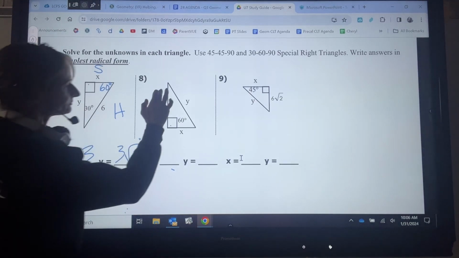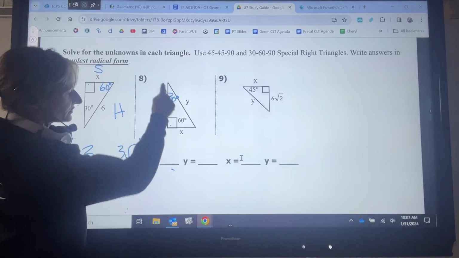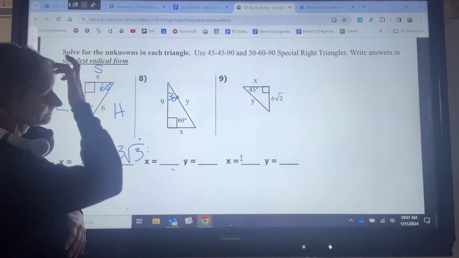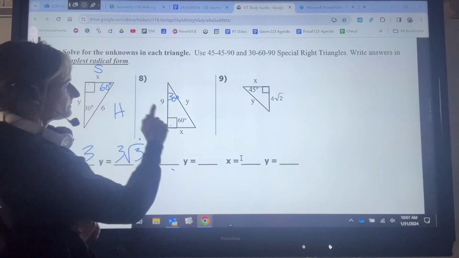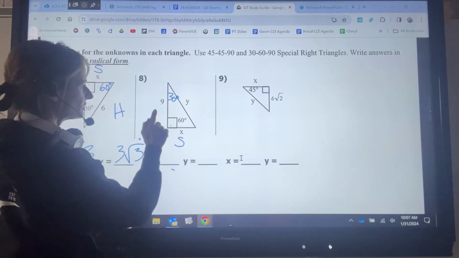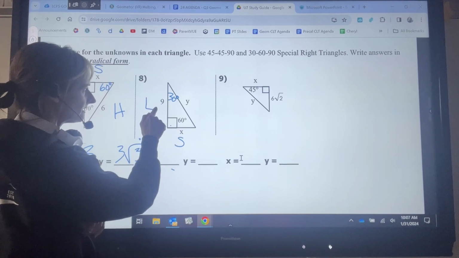Let's try it again. In number 8, we clearly also have a 30, 60, 90 triangle. Where's the short side? Because it's across from the 30, right? Here's our short side, which makes 9 across from the 60. That's our long side.